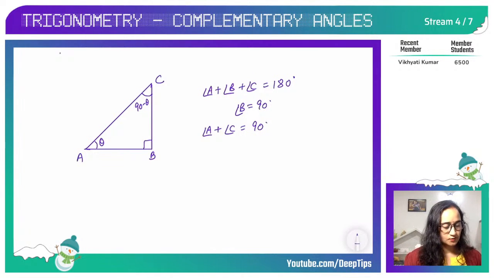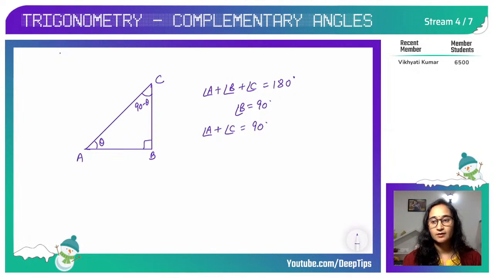So children, now I have angle A as theta and angle C is 90 minus theta, and you remember in one of the videos we learned how to identify the sides of the triangle, and the easiest one to locate is the hypotenuse, because the hypotenuse is always the same and it is opposite to the right angle. So opposite to the right angle is AC, so this is my hypotenuse, that stays the same.